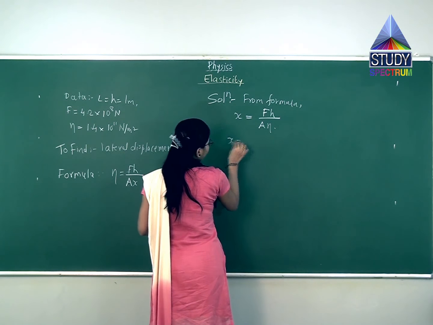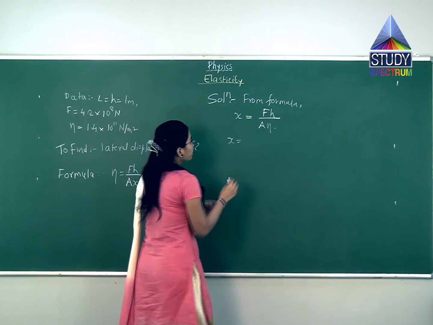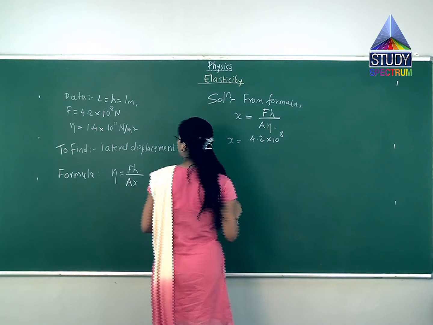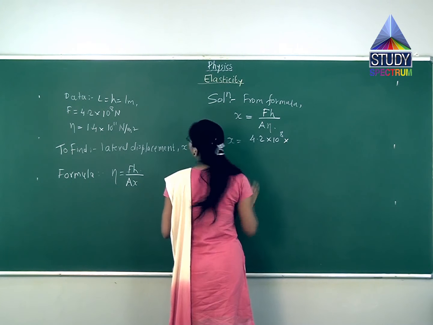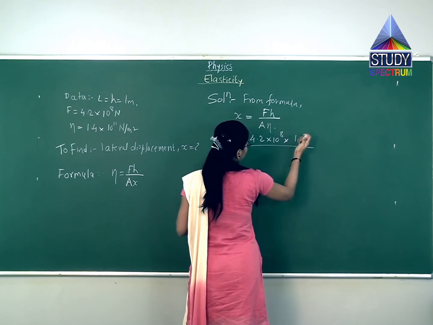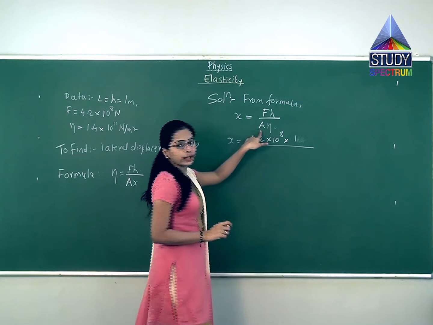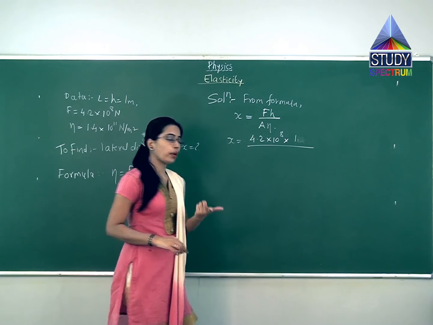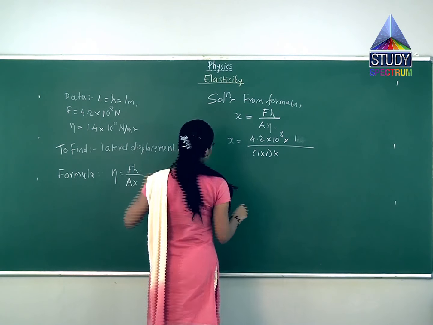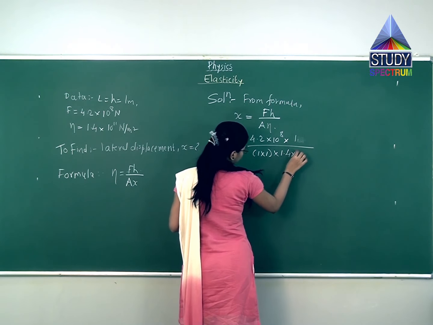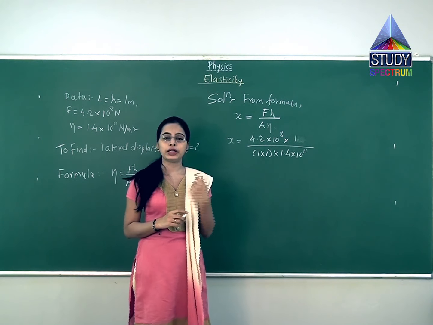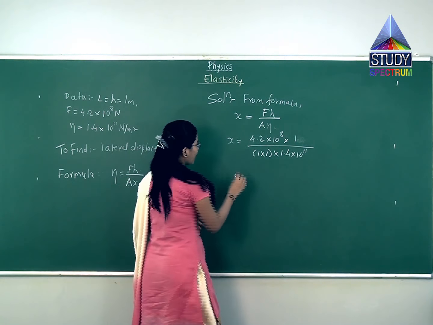So let us substitute the values. Here F is 4.2 into 10 raised to 8 Newton. Then H is 1 meter. Now the area will be length square, so 1 into 1, and eta is given as 1.4 into 10 raised to 11 Newton per meter square. So let us do the calculation.